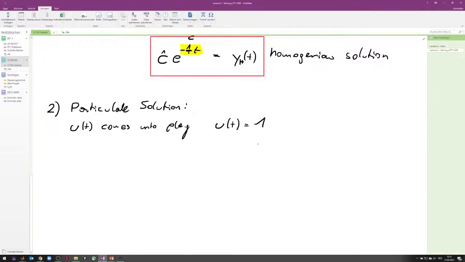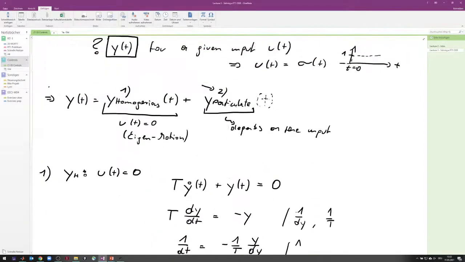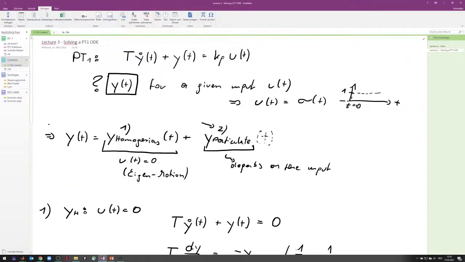So we simply write 1 because we don't care about times smaller than 0. Okay, and what you can use here is the so-called approach of the right-hand side. It sounds fancy, but it's actually pretty simple. So what's your right-hand side here? Well, it refers to the right-hand side of the ODE, right? So this is simply this guy here.